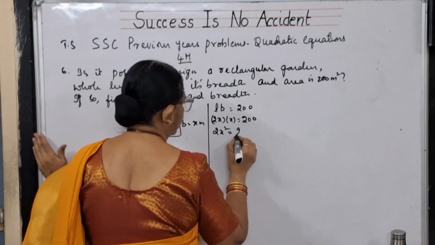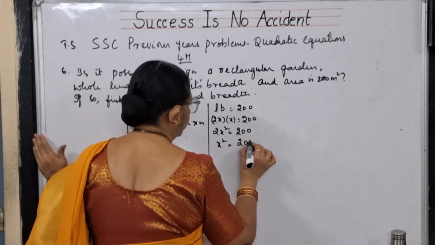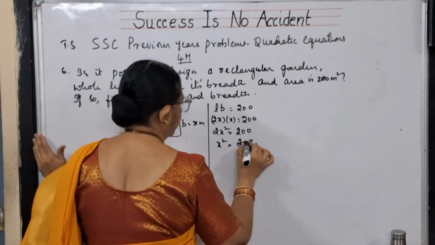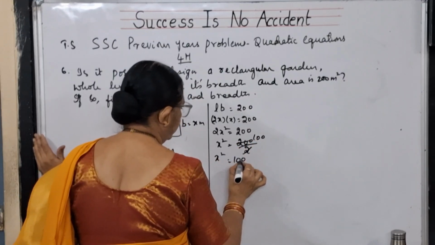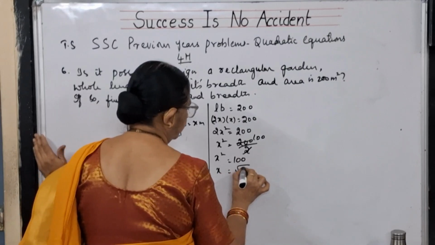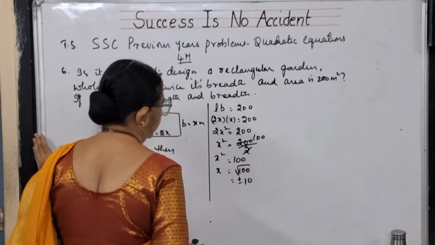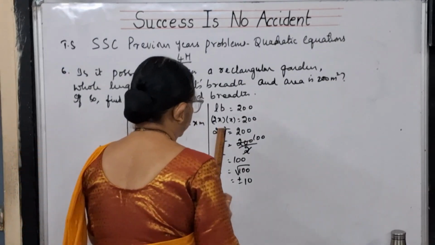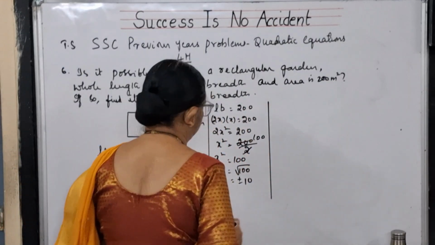2x square is equal to 200. What is x square? 200 by 2, that is 100. x square is equal to 100. That means x is equal to root 100, that is plus or minus 10. Now the value should be taken as 10 only because it is a length.